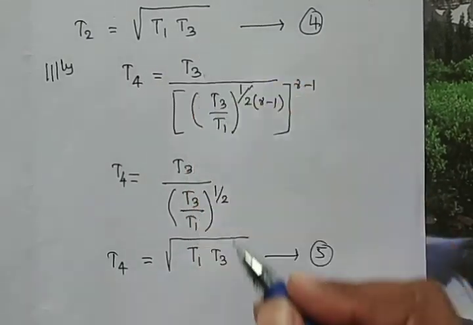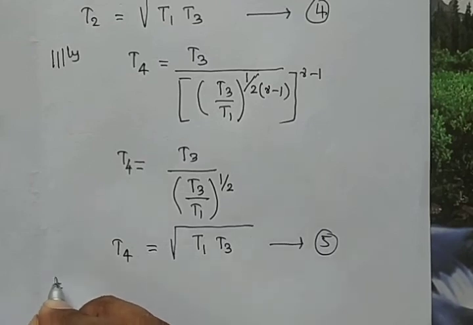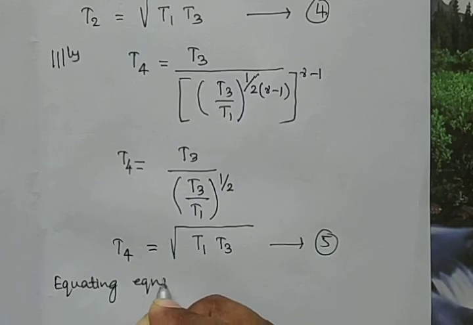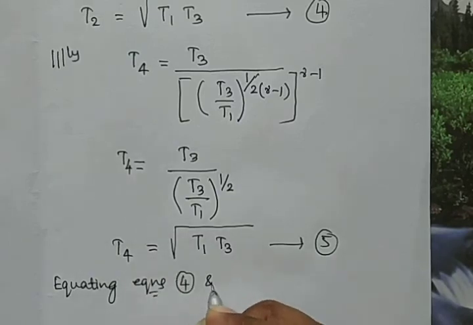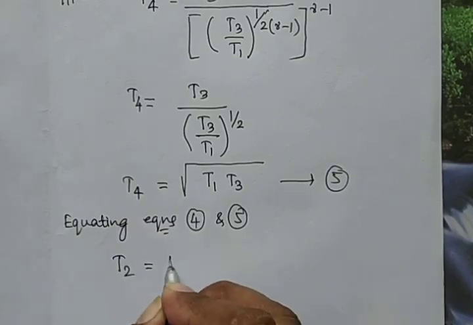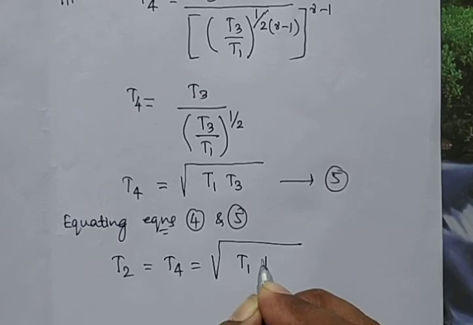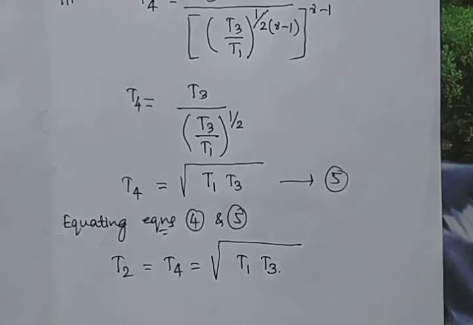The right hand terms are same, so I can equate. From equations 4 and 5 I get T2 equal to T4 equal to root of T1 T3. So we have proved the two cases.